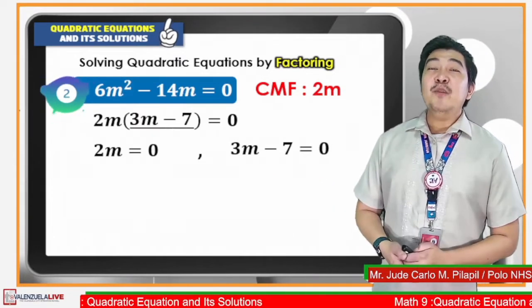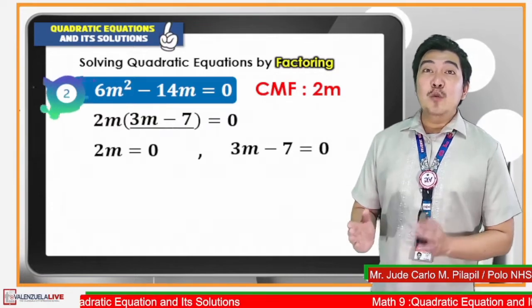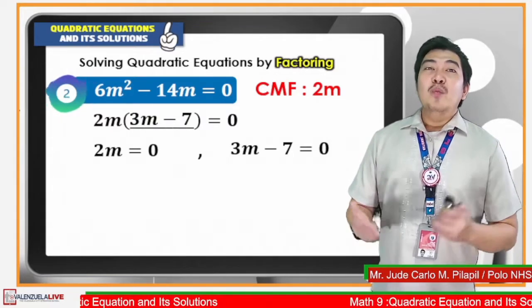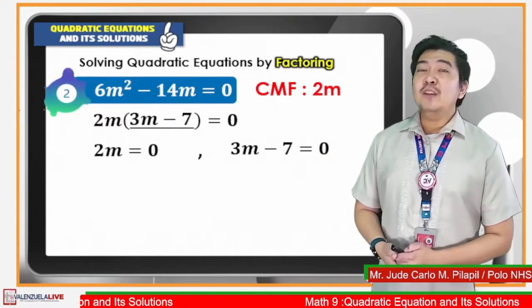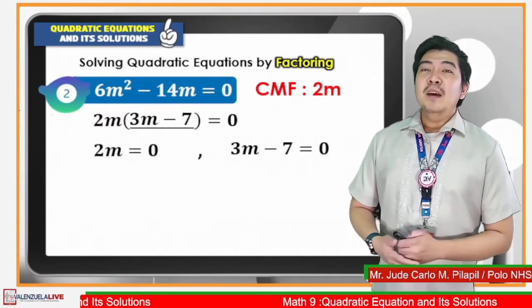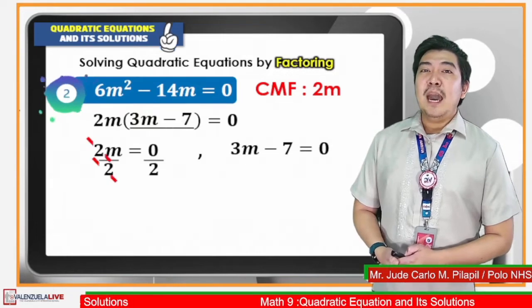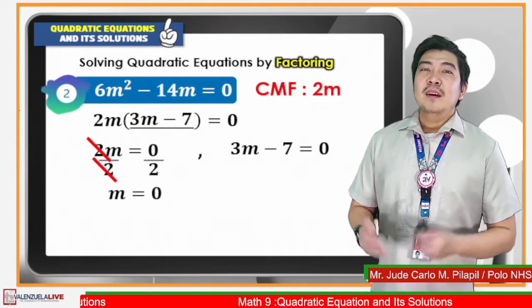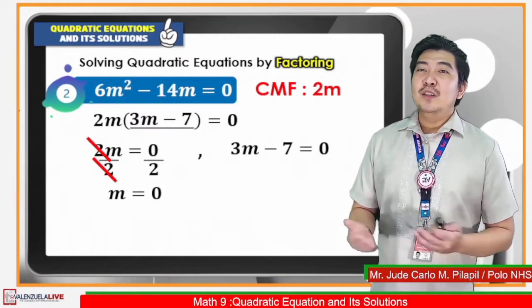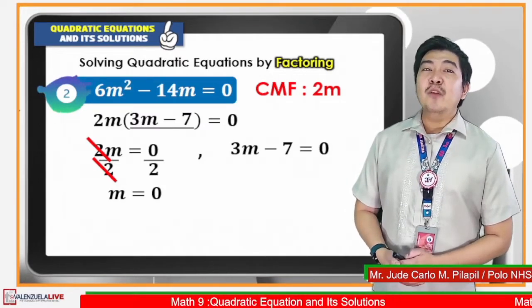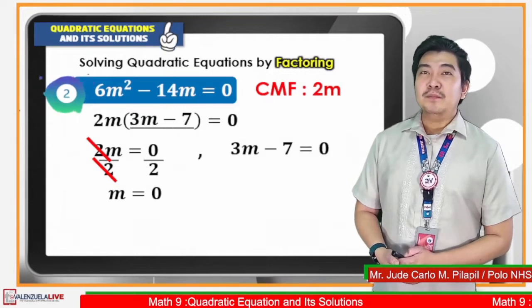If we simplify the first equation, 2m is equal to 0, we divide both sides of the equation by 2 to get the value of m. 2m divided by 2 is m. 0 divided by 2 is 0. Therefore, the first solution of the equation is 0.